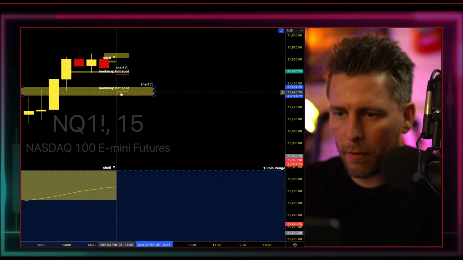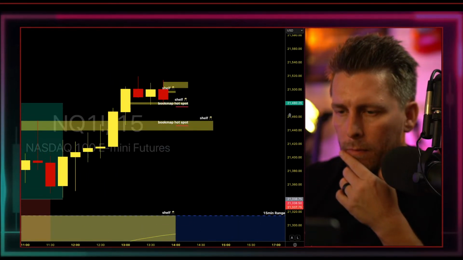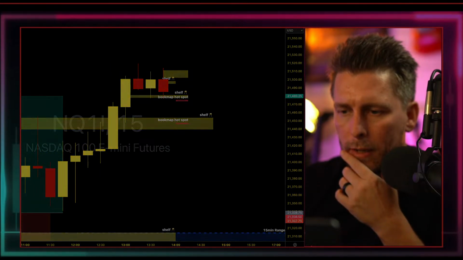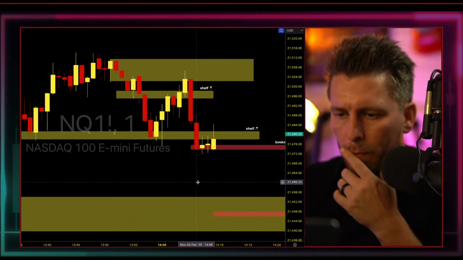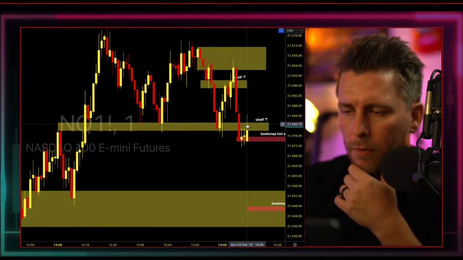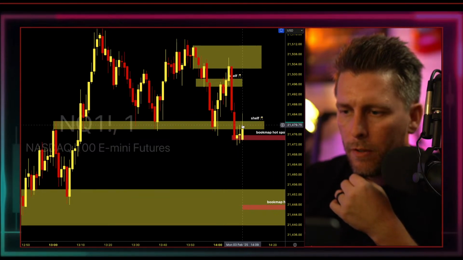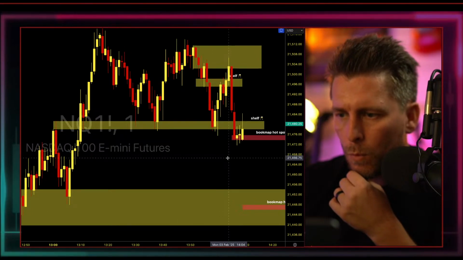And we got the hotspot right there. So let's go back down to the 1. Looks like a little bit of imbalance fill to potentially cruise down. We'll see.